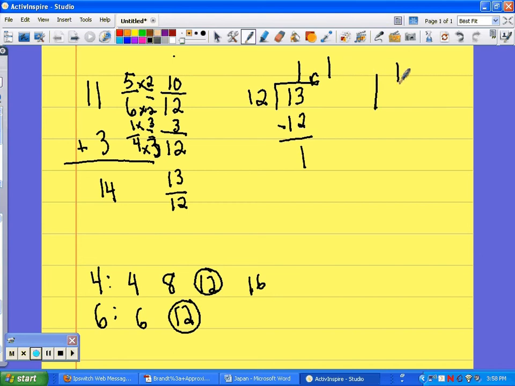The remainder will be the numerator, and the denominator doesn't change, 12. So we're going to take 1 and 1/12 and add that to 14. And that equals 15 and 1/12.